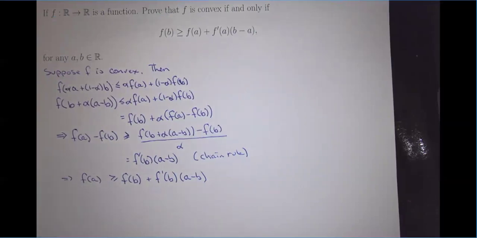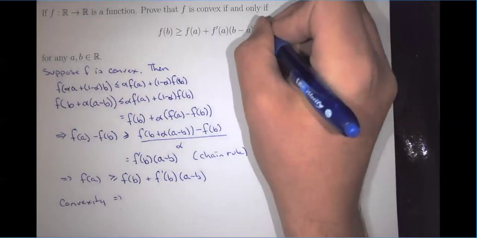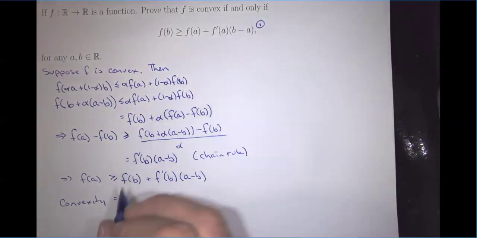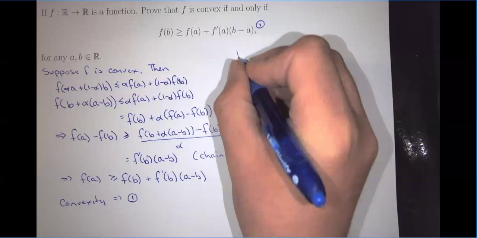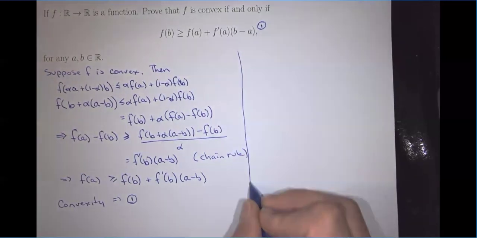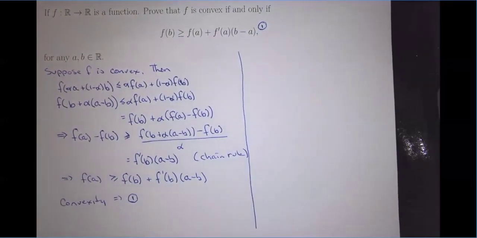Okay, so convexity implies, we'll call this equation 1. Convexity implies equation 1. We need to show that equation 1 now implies convexity to show that the two things are equivalent.